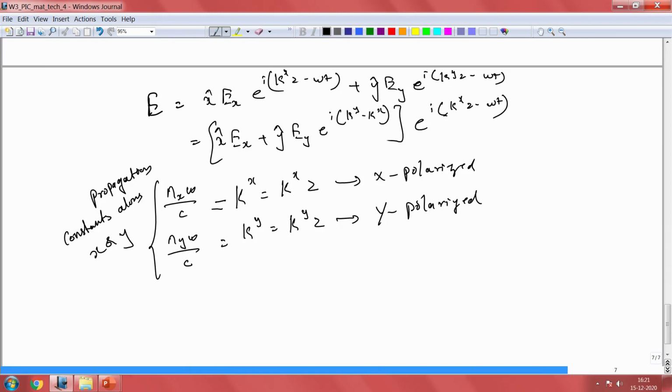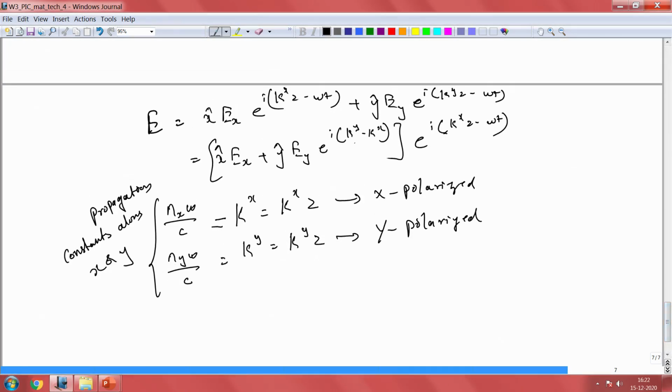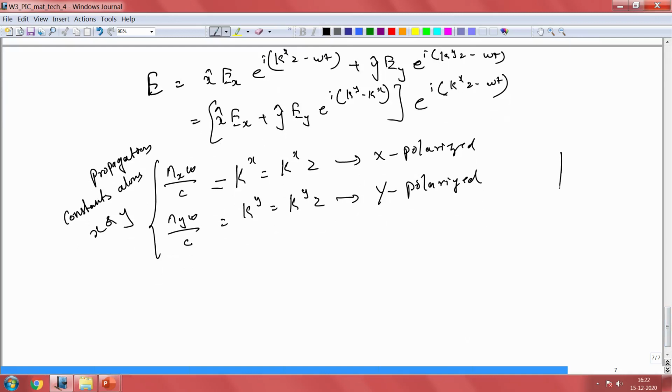So now you could see, when there is a difference in the magnitude of X and Y, then there will be a relative difference between X and Y in the movement. So if the light is just oscillating only in X, so there is an electric field that has only x component, y component is 0. If y component is completely 0, we call that a linearly polarized light along the principal axis.